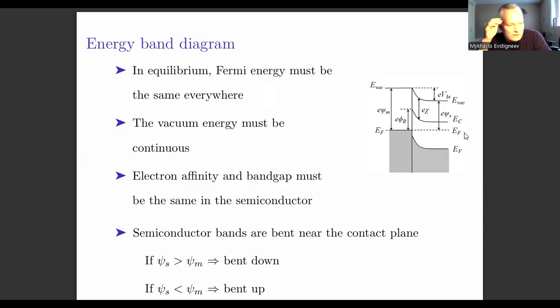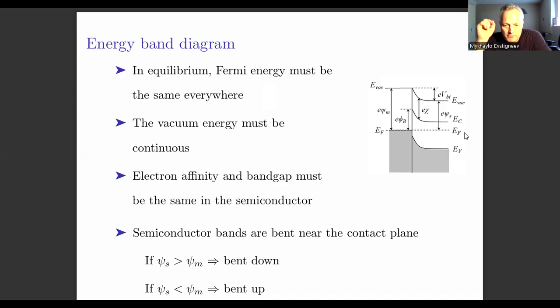So if the semiconductor concentration of charge carriers is much smaller than the metal's charge carrier concentration, then the spatial extent of the band bending in the semiconductor would be much bigger than in the metal. So the band bending in semiconductors is much more visible than in the metal.